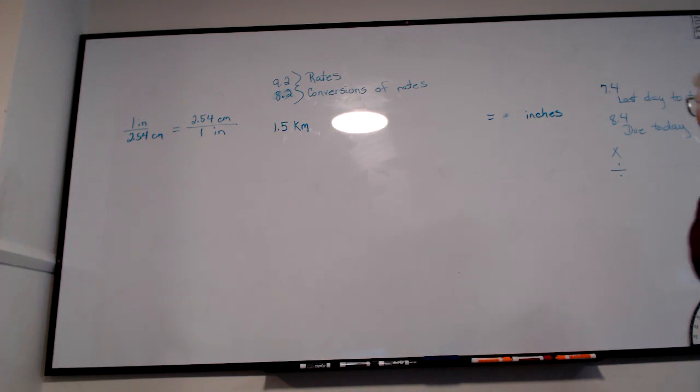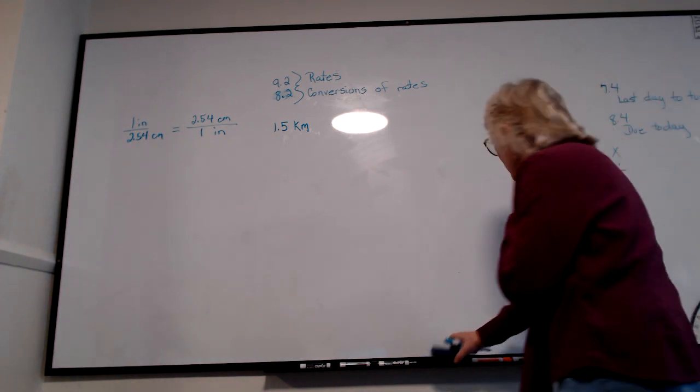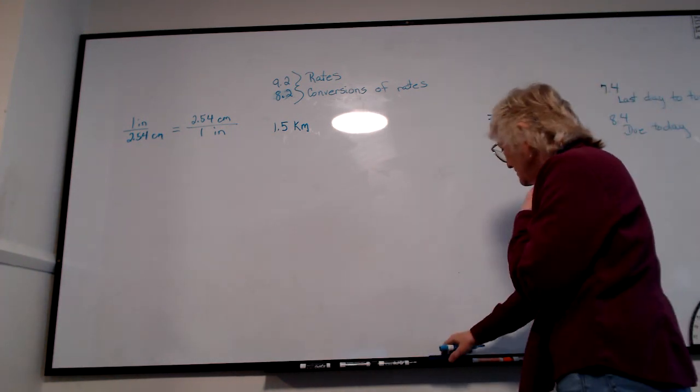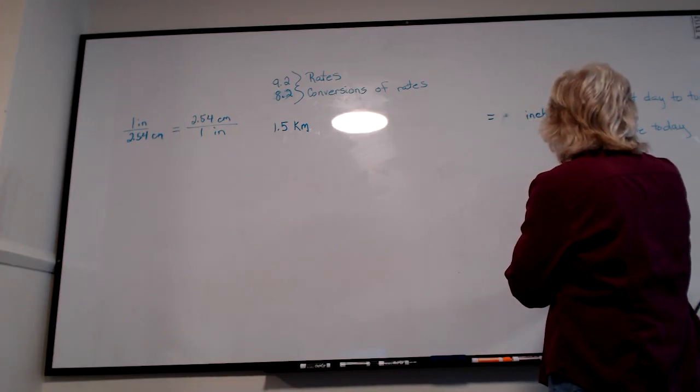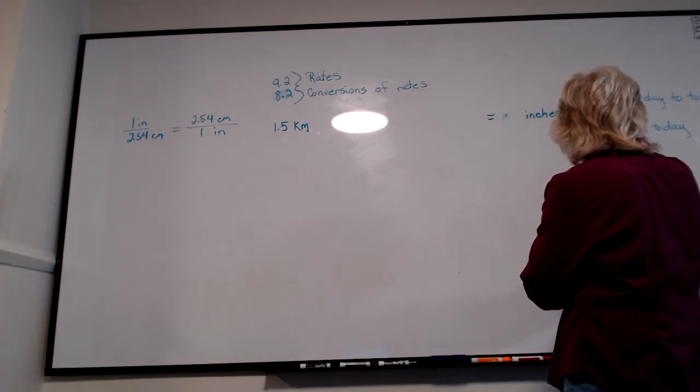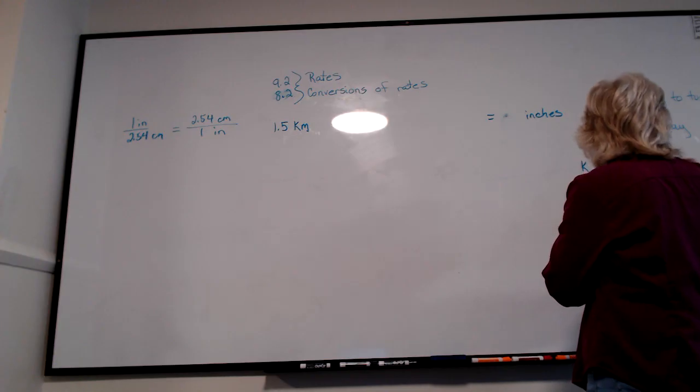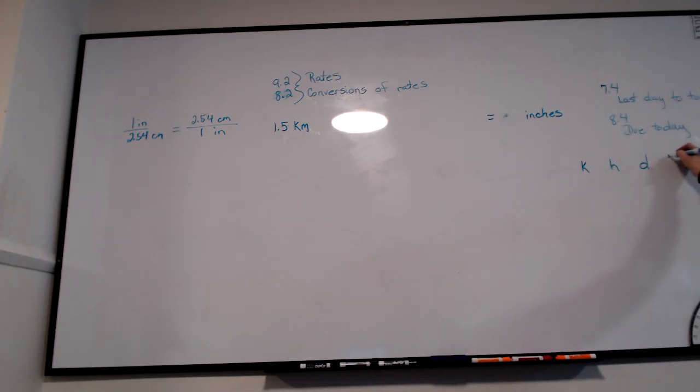Okay, so let's give you some ways to do it. So it starts K, H, D, the meter or the base, which is the meter. D, this is actually DK, D, C, and M, okay?